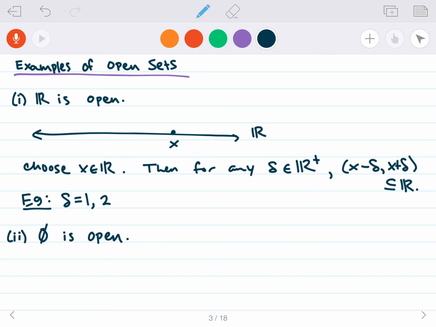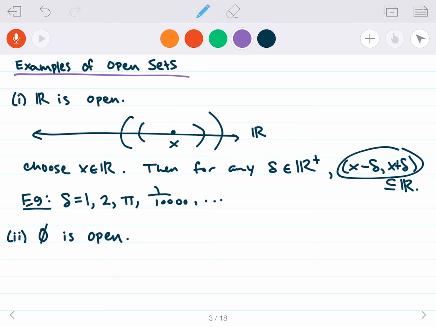We can choose it as 1, 2, pi, whatever, and all of those neighborhoods are always going to be a subset of the reals. If delta equals 1, then x minus 1, x plus 1 is somewhere like this. That's definitely contained in the reals. If delta equals 2, x minus 2, x plus 2 is another subset of the reals, and so forth.